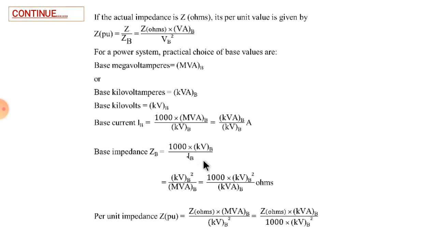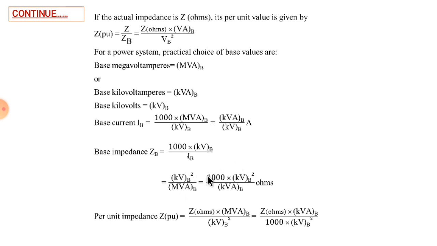So from this we can determine the value of ZB, and by placing the values, ZB is KVB square, the base value, divided by MVA base. By putting the values of KVB, this is 1000 KVB square, and the MVAB will be the KVA base, in ohms.